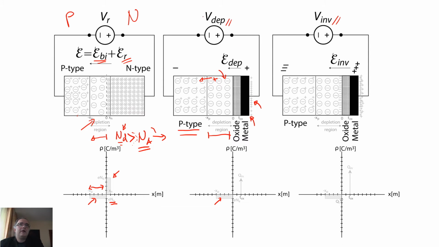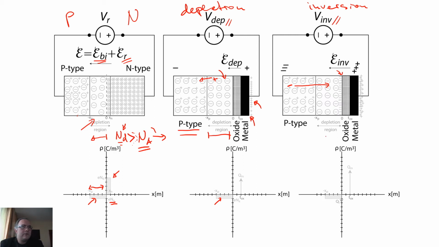So this is the depletion region. And then this is inversion mode. In inversion mode, we increase the magnitude of the externally applied field, and now the minority carriers, electrons in the p side, are collected within the depletion region, and they form a very thin layer, which we will later call a channel, at the interface between the semiconductor and the oxide.